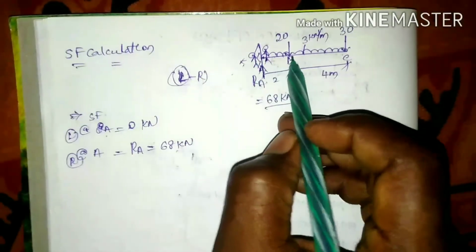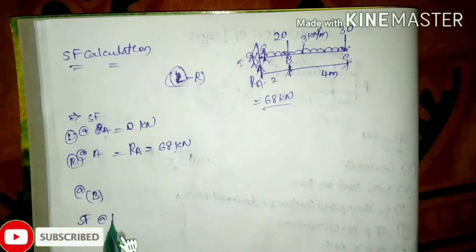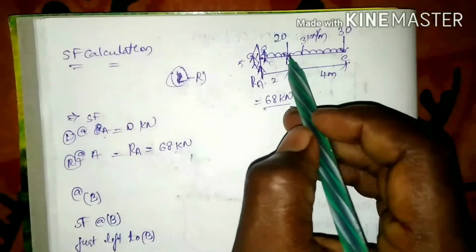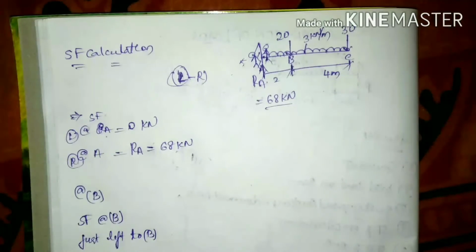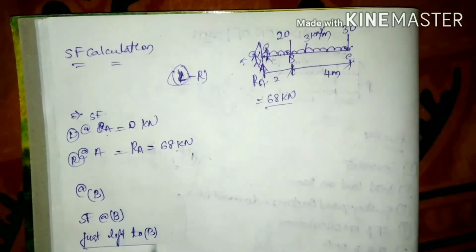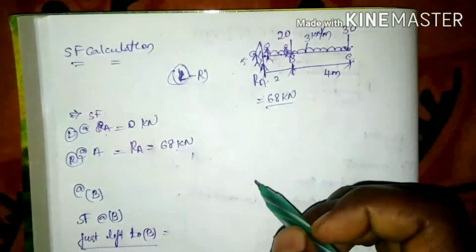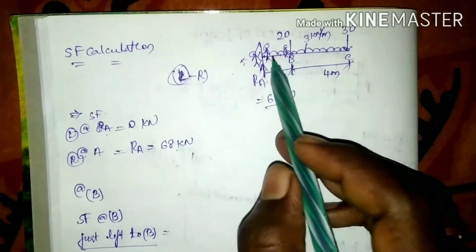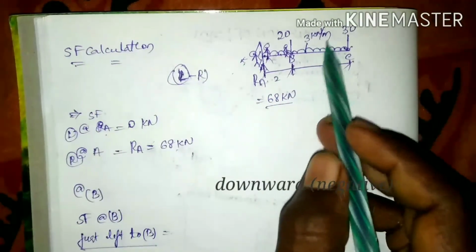And while going on to B, shear force at B, just left to the B. Here we have a point load, so we are going to take left and right of the point loads. Just left to the B, when I stand here, I am going to find the RA reaction, and the UDL acting for the 2 meters with a magnitude of 3 kilonewton per meter.